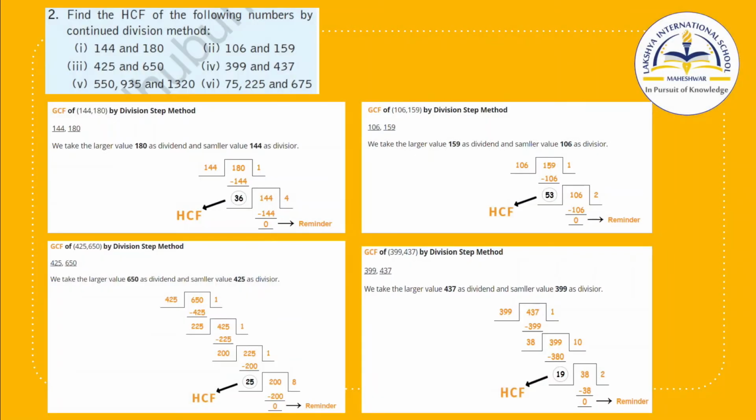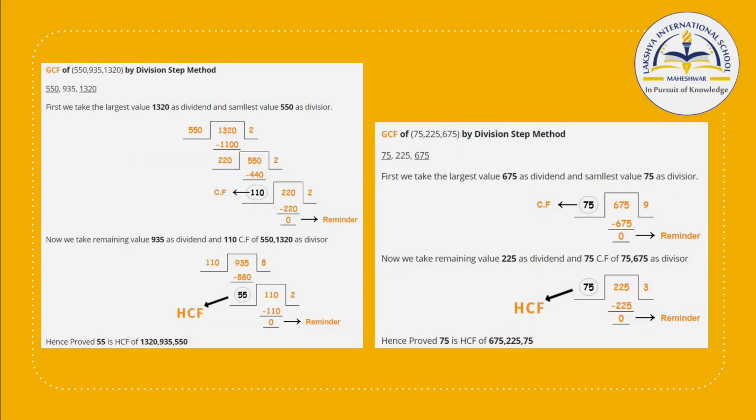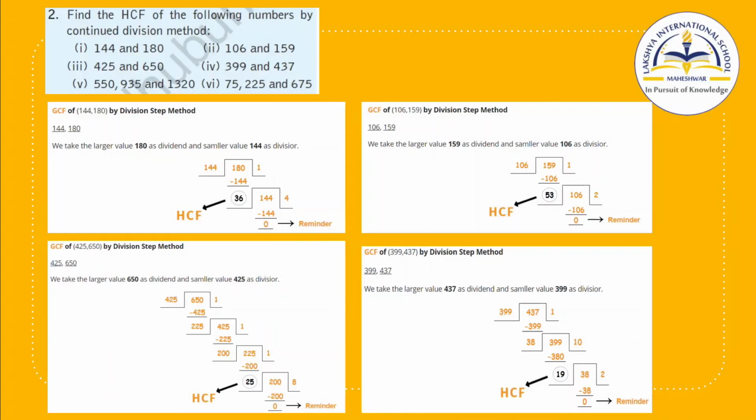Question number 2, find the HCF of the following numbers by continued division method. This is our second step. First question is 144 and 180. So we take the larger value 180 as dividend and smaller value 144 as divisor. Means we will divide the greater value by the smaller value.